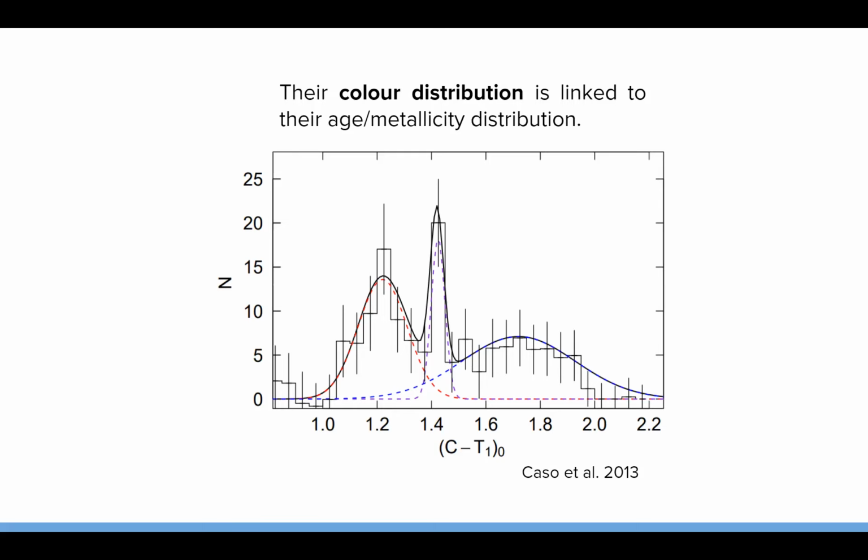In general, globular cluster systems tend to present a bimodal distribution. This means that they have blue globular clusters, which are considered to be slightly poorer in metals, even though all globular clusters are very poor in metals. And they have a red subpopulation, which is considered to be metal rich.